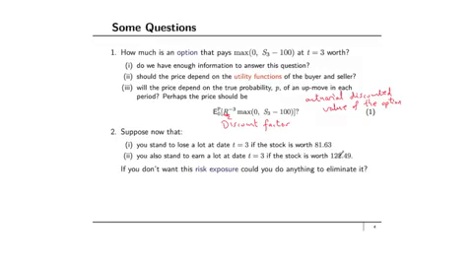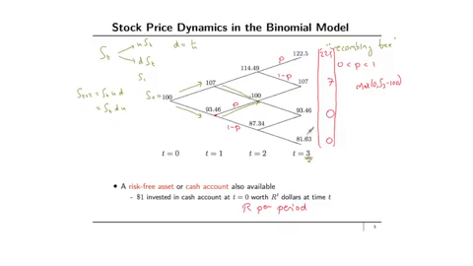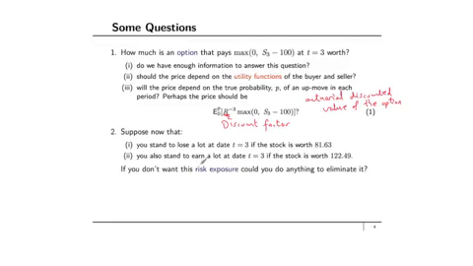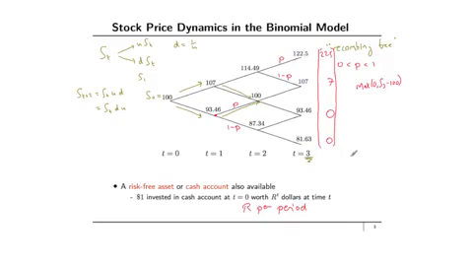So here's another question. Suppose you stand to lose a lot at date t equals 3 if the stock is worth 81.63. In other words, if you find yourself down here at date t equals 3, you're going to lose a lot of money. Similarly, maybe you stand to earn a lot at date t equals 3 if the stock is worth 122.49.